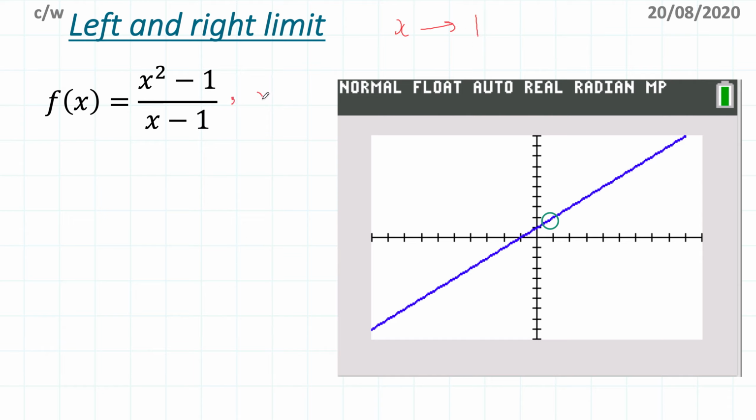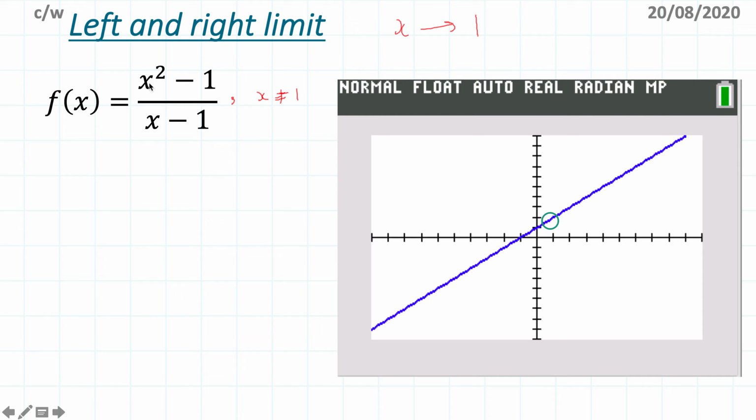This function is technically undefined at x equals 1, but we're going to show how simplification can make us avoid that. Through trial and error, you're going to notice that the limit will be equal to 2.